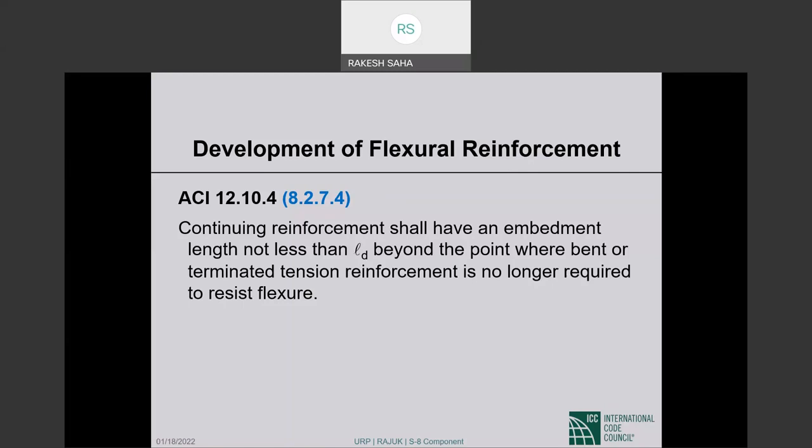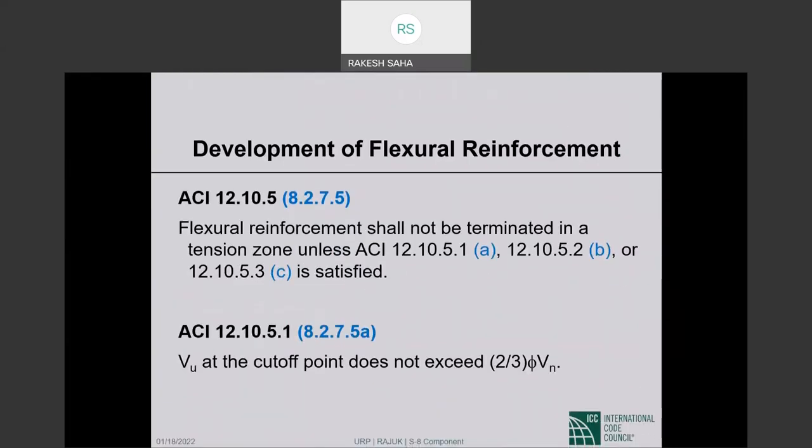This, I think, will require a picture or so to become clearer, and I have plenty to show you. Now, very importantly, flexural reinforcement shall not be terminated in a tension zone. Okay, so where the bars are subject to tension.